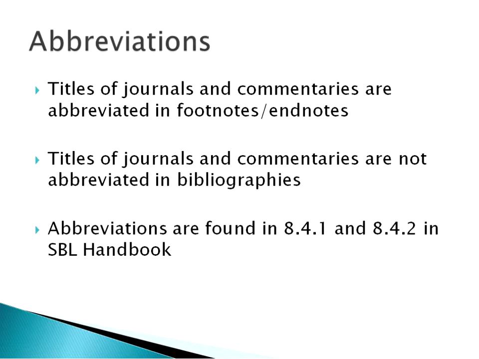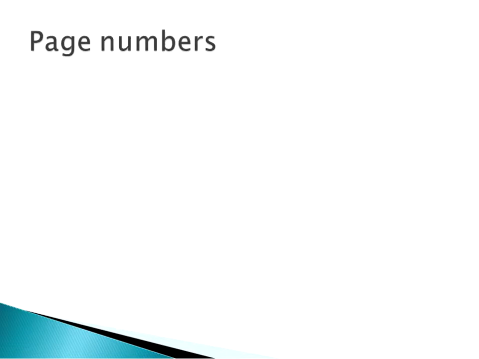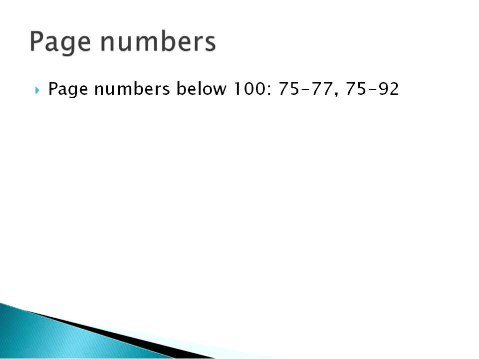One last thing before we get into some examples is about page numbers. Page numbers below 100 are totally included. So if you're citing pages 75 through 77, 75 through 92, both numbers appear regularly.